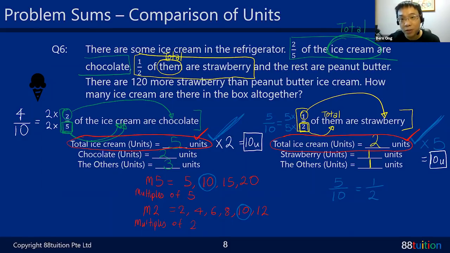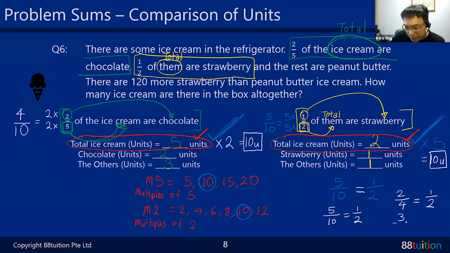Teacher Ben, you mean 5 over 10 is equal to half? Yeah, it's true. How come? This is called equivalent fraction. Come on, you learned this already. Equivalent fraction means 5 over 10, if you reduce to the lowest term, is half. Do you know that 2 over 4, reduced to the lowest term, is also half?